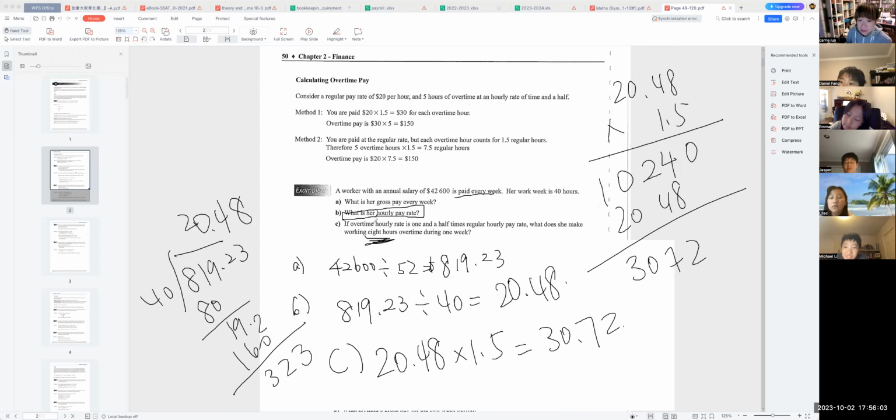Get it, Emma? Because for every single hour, the rate is $30.72, and times 8 equals that. Michael, understand? Yeah, Michael got it right. Emma 这个怎么错了? Emma, understand?